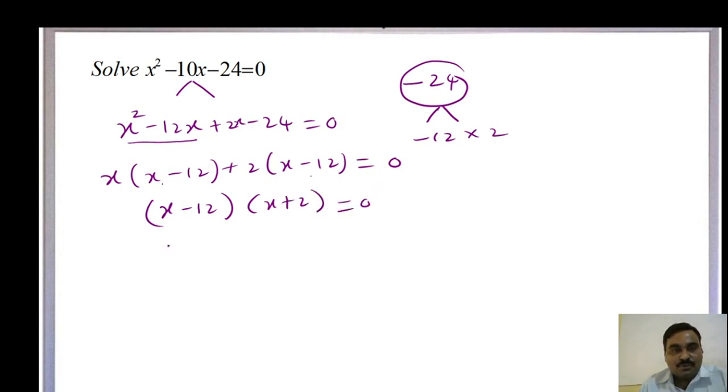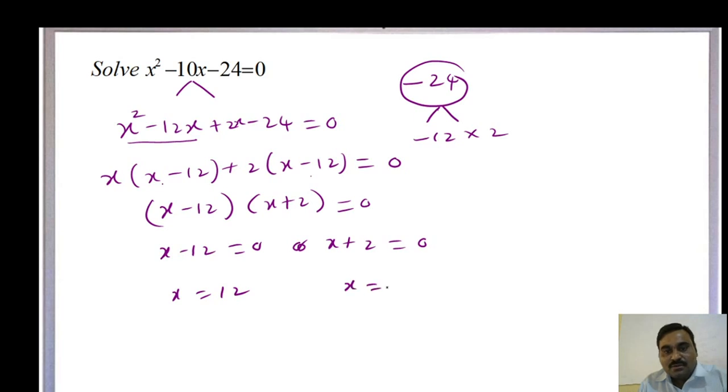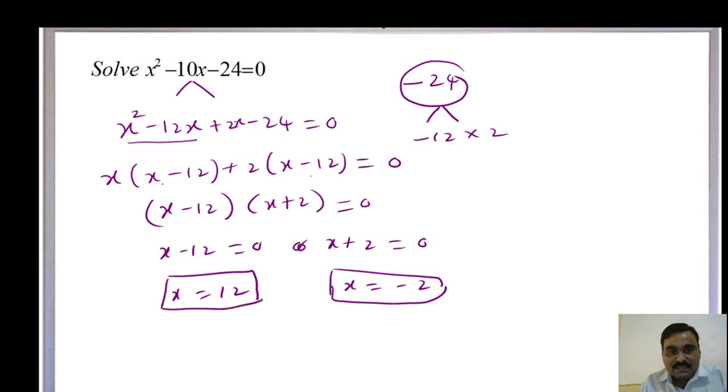Now apply the zero product rule, that is x minus 12 is equal to 0 or x plus 2 is equal to 0. Now x is equal to 12 or x is equal to minus 2. So x is equal to minus 2 is one answer and x is equal to 12 is another answer.